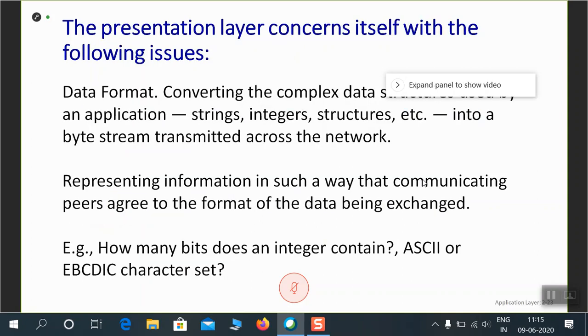So let's take the data format. The first function that the presentation layer performs is about data format. Let's try to understand this. You know that networks can connect different types of computers together. By different types of computers, I mean laptops, desktops, PCs, workstations, supercomputers.